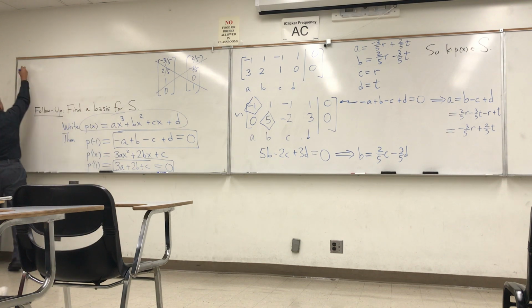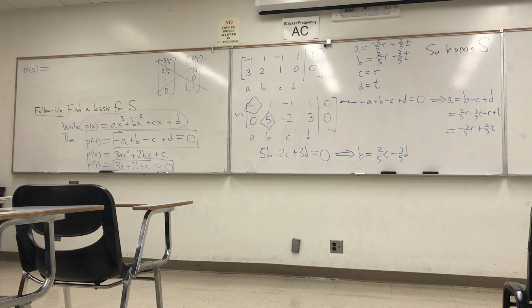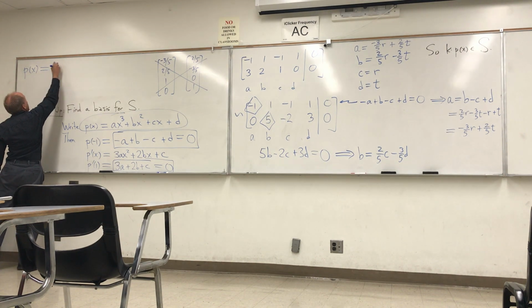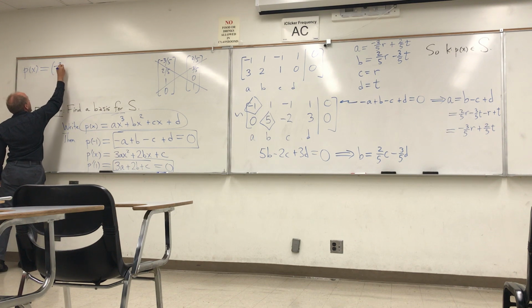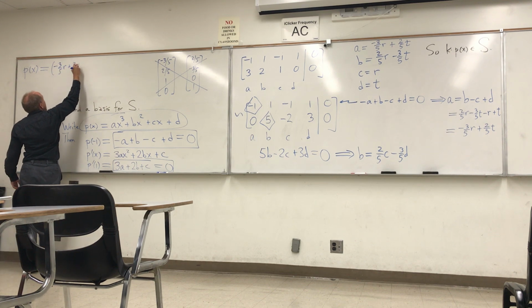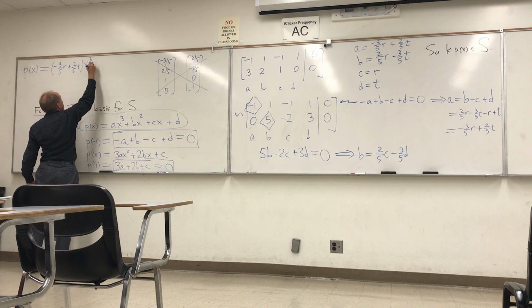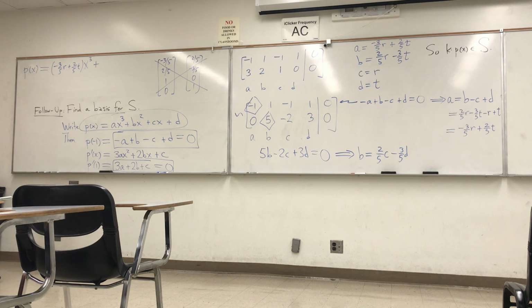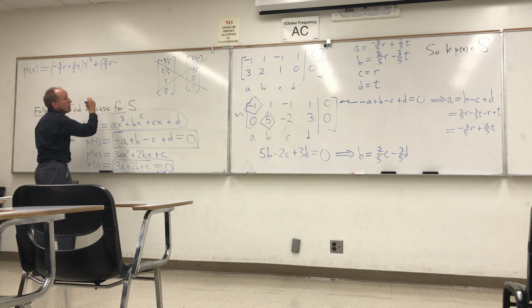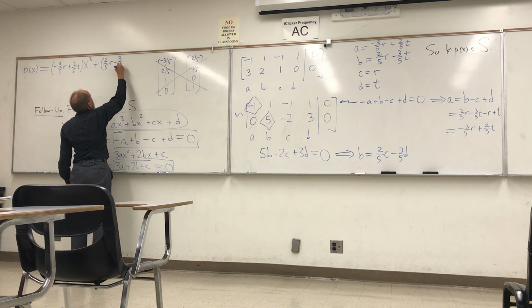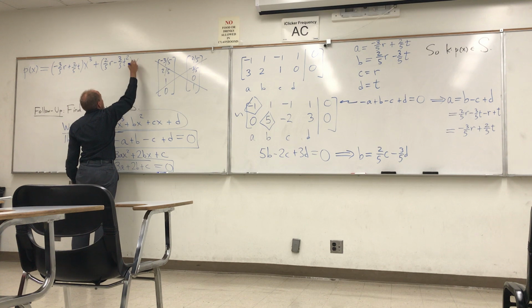So that's exactly right. P of X, if I'm going to get it in terms of polynomials, I would have negative 3/5 R plus 2/5 of T, that's times X cubed. And then the BX squared, that's 2/5 of R minus 3/5 of T times X squared.